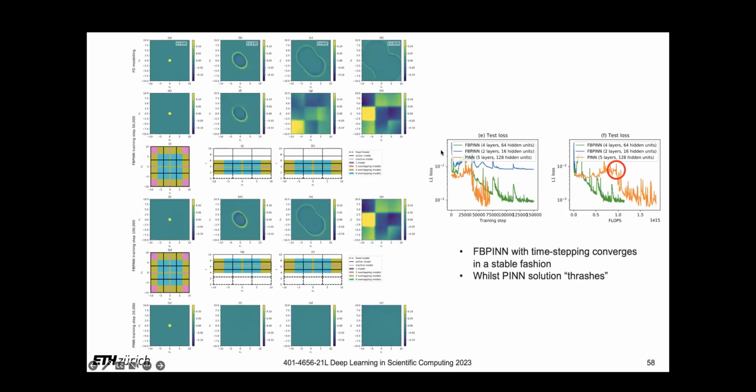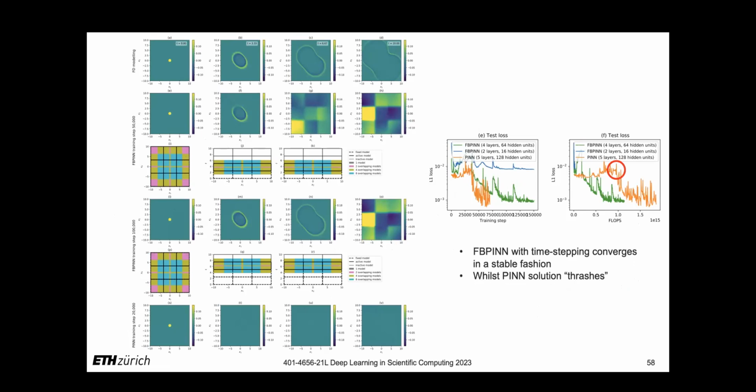What's interesting, and the way that we actually train this, is that because we have these subdomain networks now, we can start doing all sorts of different training strategies. In particular, we can play around with the networks that we actually train at each training step. We don't have to train all the subdomains at once.